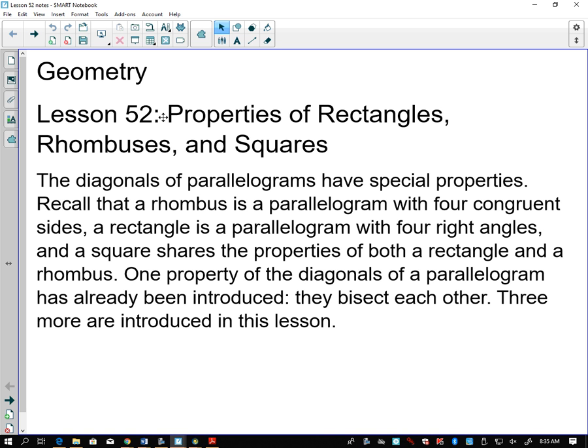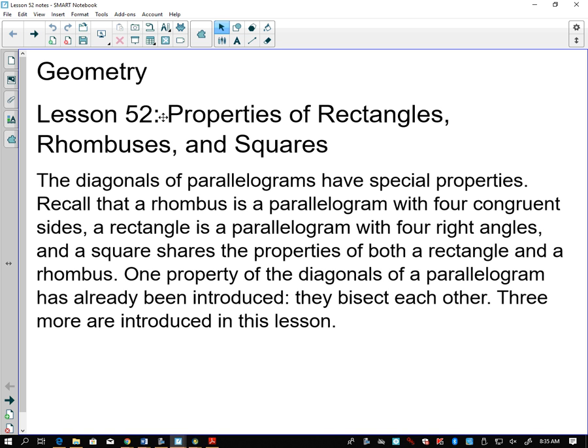The diagonals of parallelograms have special properties. So each of these are going to have specific diagonal properties. They might be shared, but we'll know something specific about the diagonals of a rectangle that's different than necessarily the diagonals of a rhombus. Okay, so these are important rules to write down, because whenever they start to give you illustrations, and they might say, this is a rectangle, solve for this part of the diagonal.